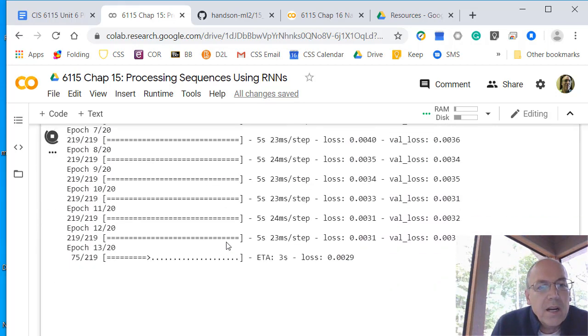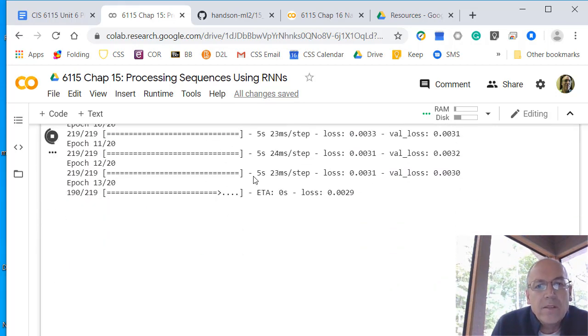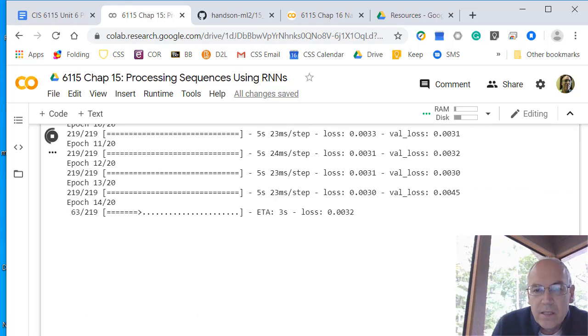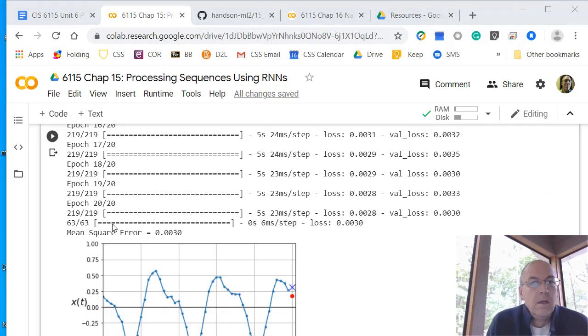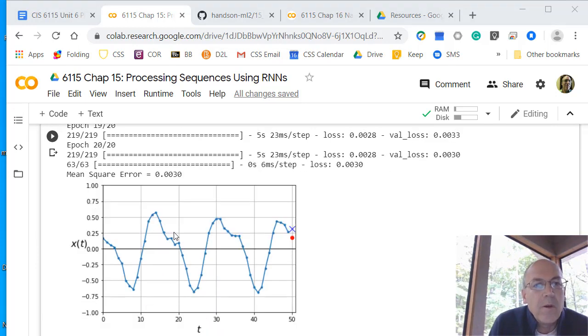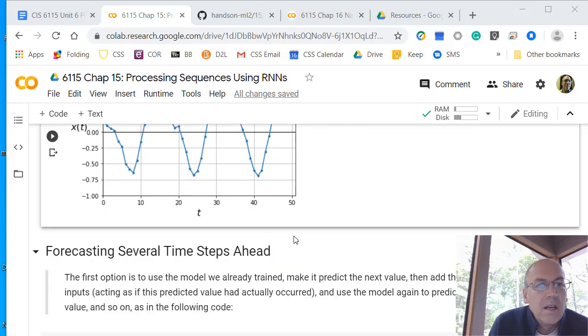Training's going to take a little while, so I'm just going to let this training run. Now, with this network done, we have a very low mean square error. It's getting very good at predicting where the next value is. These recurrent neural networks often can learn these time sequences and learn to predict what the next value is.